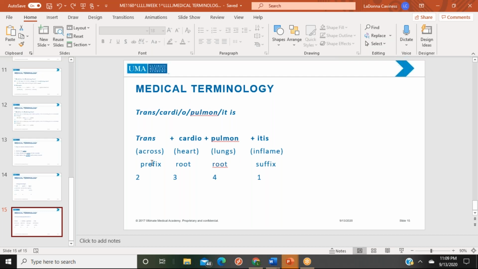A combining vowel is a vowel, usually the letter O. But remember in the slide, sometimes it can be I or E, but usually you'll find an O. The suffix is the word part attached at the end of the word that usually but not always indicates a procedure, condition, disorder, or disease. The prefix is the word part attached at the beginning of the word that usually but not always indicates location, time, number, or status. Knowledge of word parts helps to decipher medical terms.